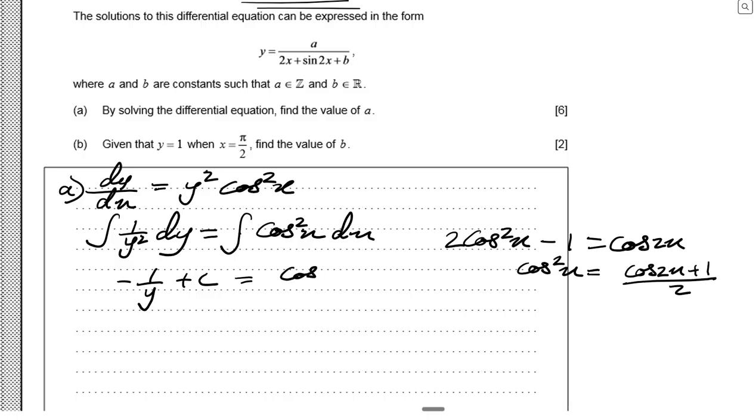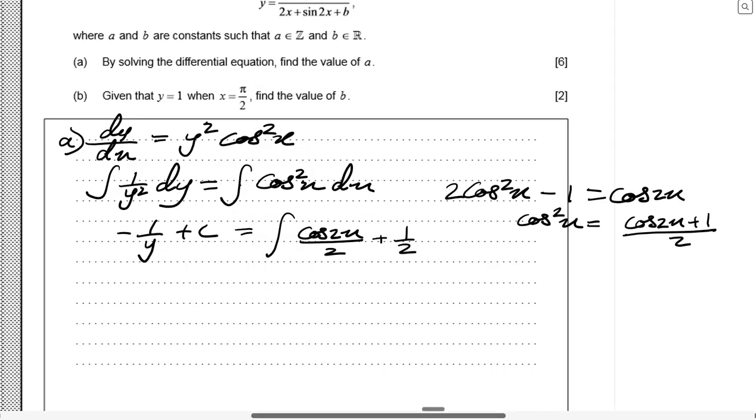So we just bring that into our integral. Cos 2x and half. And so what we do here is, let's see, it is equal to 1/4 sine 2x, right?